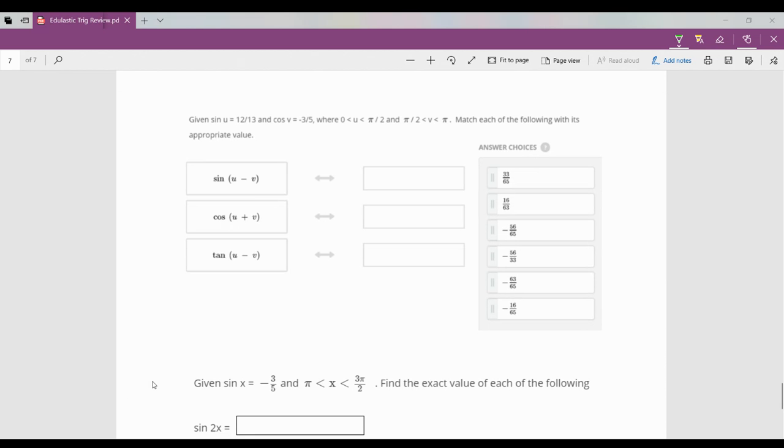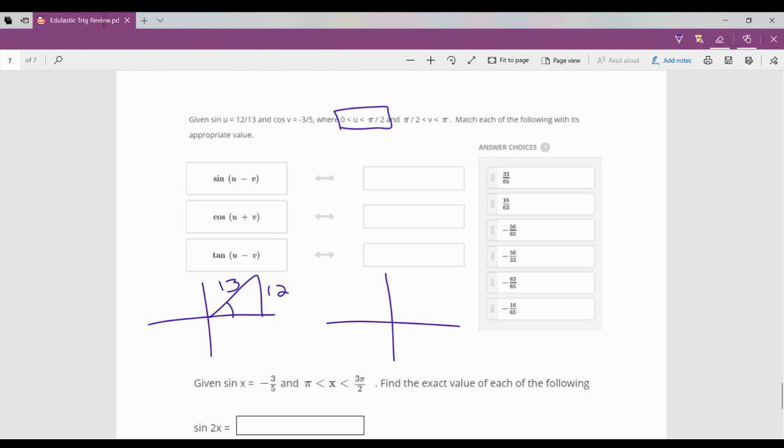All right, so same idea kind of with this one. We're going to be drawing two, because we've got U and V. So U is in the first quadrant, and sine is opposite over hypotenuse. And then, oh, my U looks mighty like a, let's see, hold on, let's see if I can do this. Oh no, that was really bad.